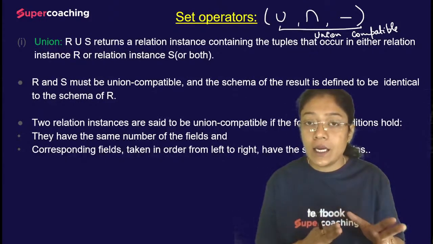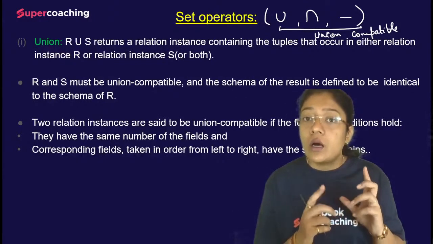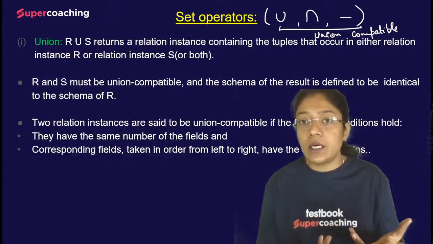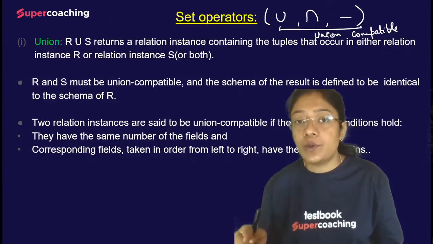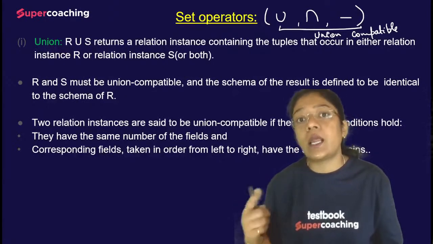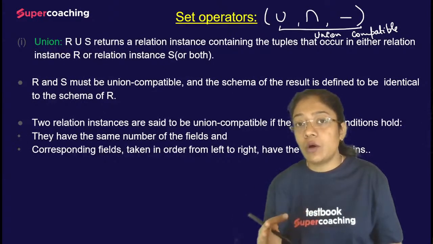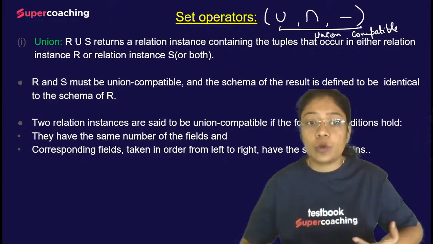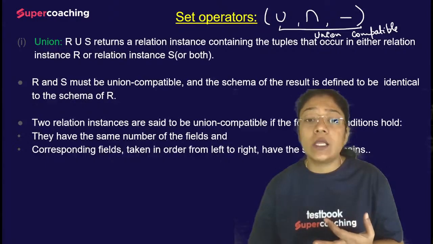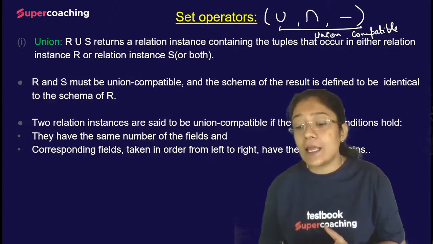If the second attribute has the data type string, then the second column of the other instance should also have the data type string. पहली चीज number of attributes same होने चाहिए and the corresponding fields should have the same domains.